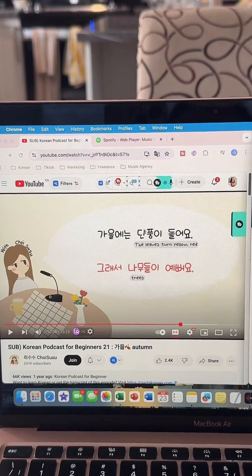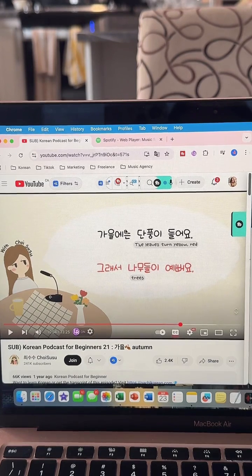So just 단풍이 on its own is autumn leaves, and then 들어요 would be to turn, which is from the verb 들다. It can also mean to listen, but in this context it doesn't mean to listen. Obviously, it's more to turn into. So it turns into autumn leaves, which in English you would call yellow and red. So it changes color.